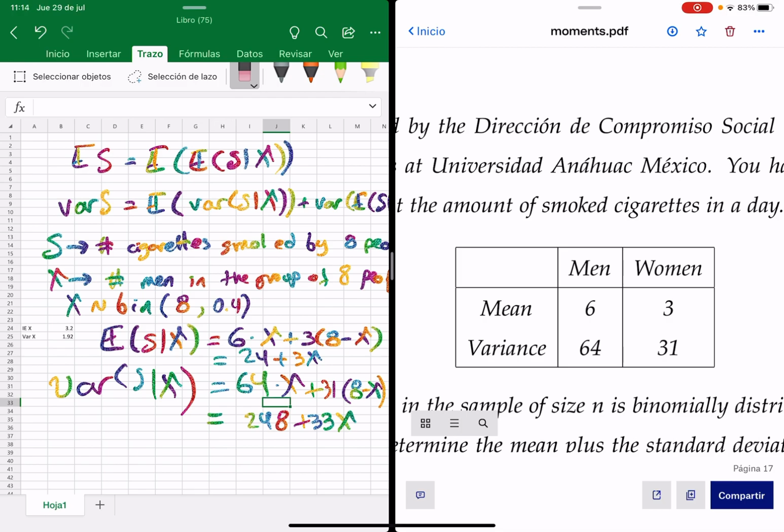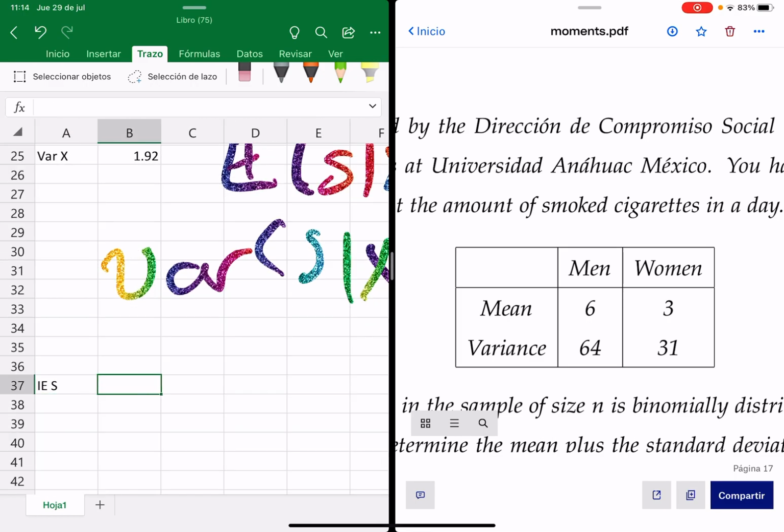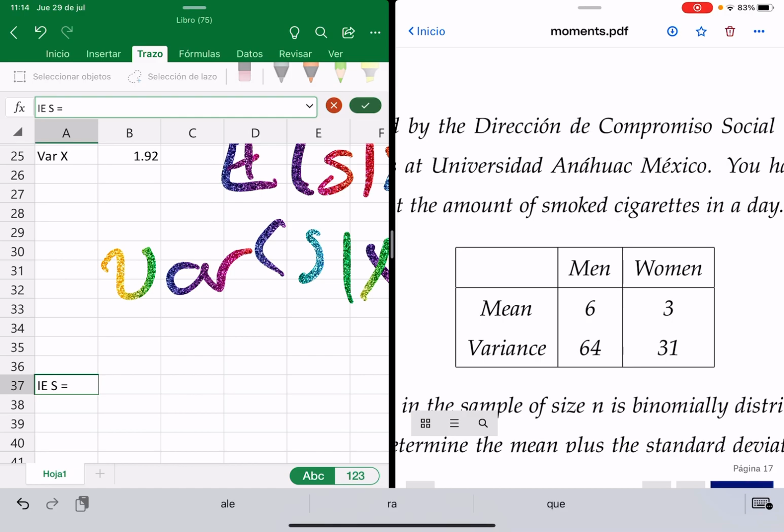Now all we have to do is apply these two formulae here, and we'll end up having our result. We take the expectation of S by using this expression here. That is, the expectation of the conditional expectation of S given X, right?